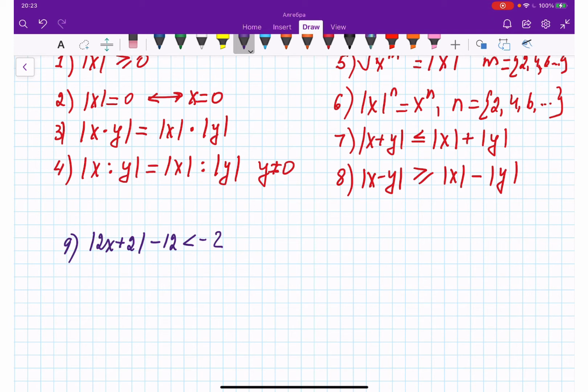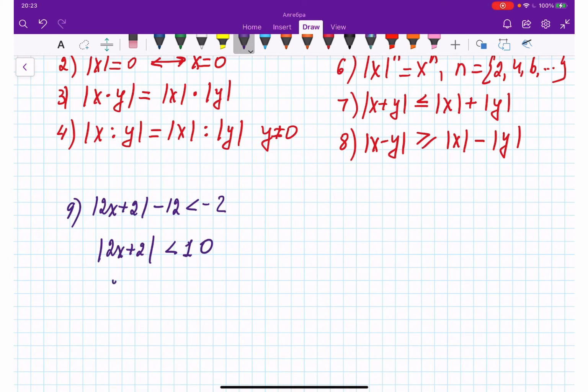First of all, I'm moving -2 to the other side, and I'm getting the absolute value of 2x plus 2 less than positive 12 minus 2, which is positive 10, right?